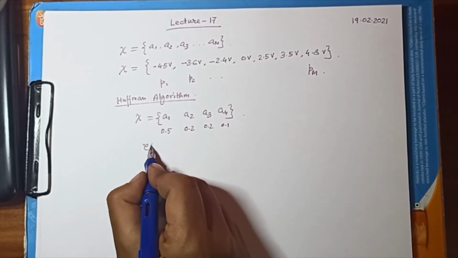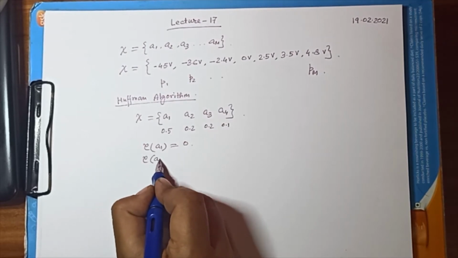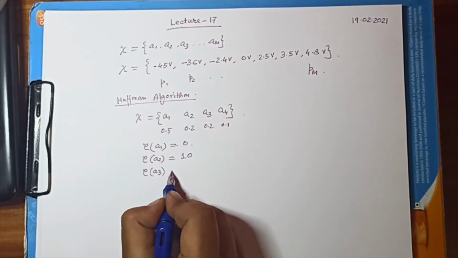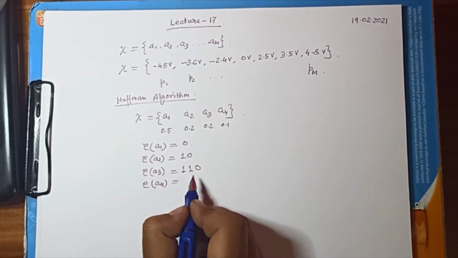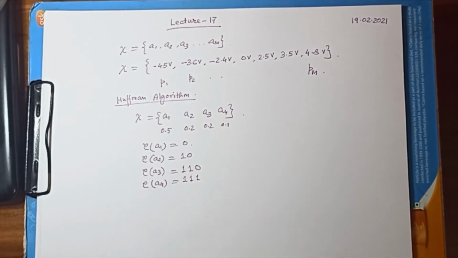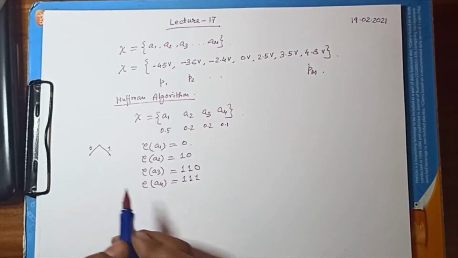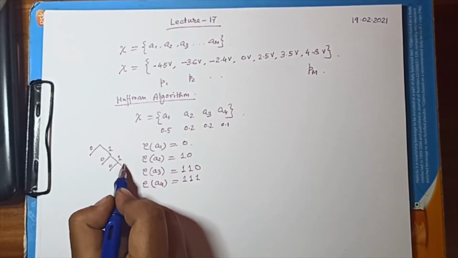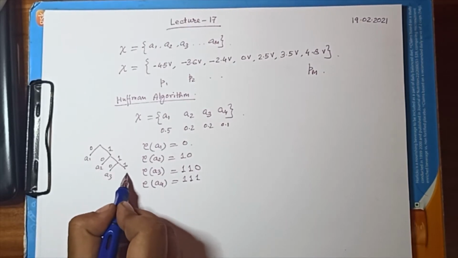Say A1 is 0, A2 is 10, A3 is 110, and A4 is 111. This is the simplest Huffman code possible. You can see the tree is like this: 1 0 1 0 1. These are for A1, A2, A3 and A4.